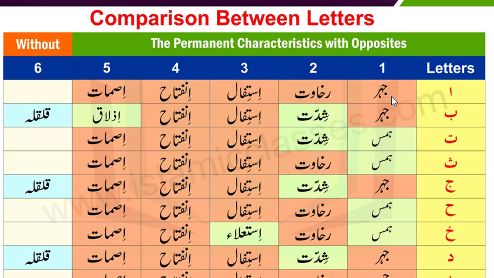If you didn't know about the qualities, what is jahar, what is rakhawa, I recommend you watch my earlier tutorials which I made already. Then inshallah you will understand what these qualities are and how to pronounce them in the letters. Why do we read the qualities? We read the qualities to differentiate the sound.